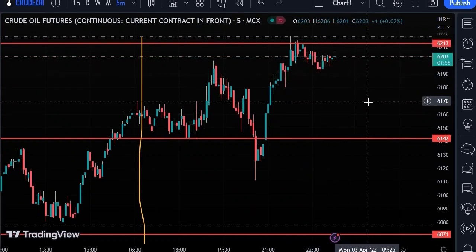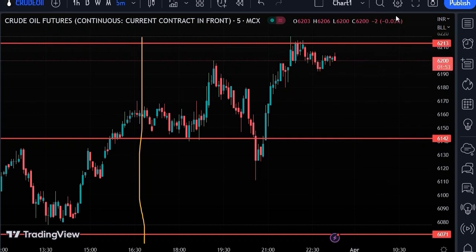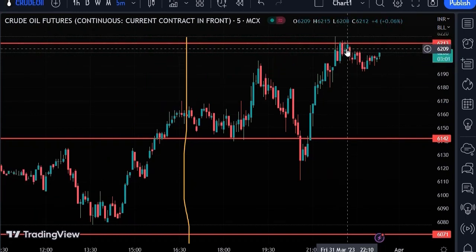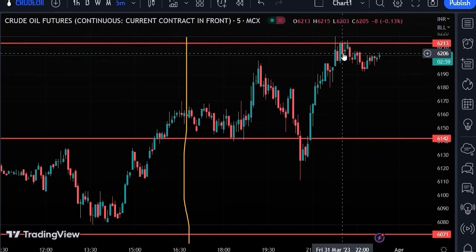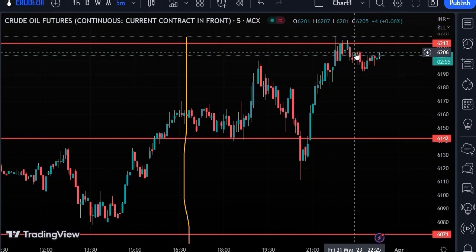And you also have to know some basic knowledge of price action, because trading on the basis of support and resistance needs some knowledge of price action, because support and resistance doesn't behave in the same way all the time.